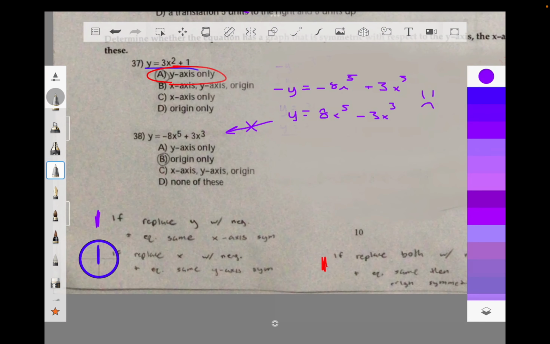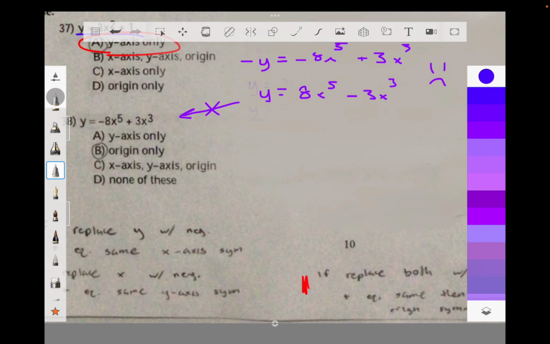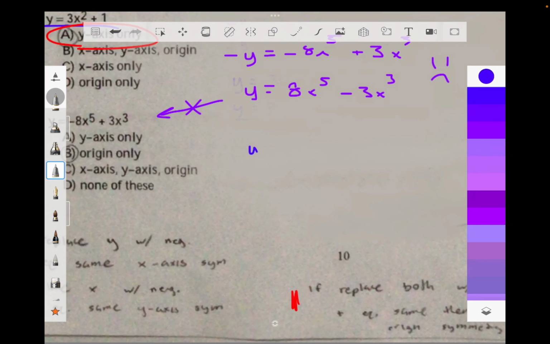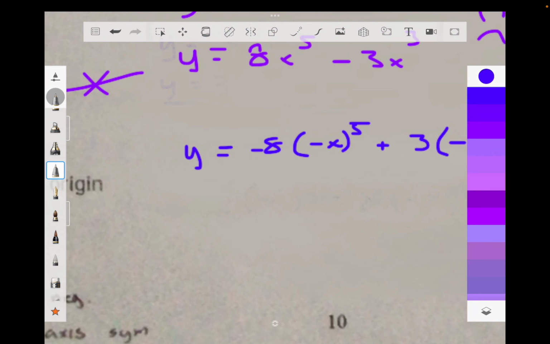Time to check for the blue one, or y-axis symmetry. Again, replace all the x's with negative. So it's going to be y equals negative 8 times negative x to the 5th plus 3 times negative x to the 3rd. And then since the exponent is odd, we can bring out the negative in front.